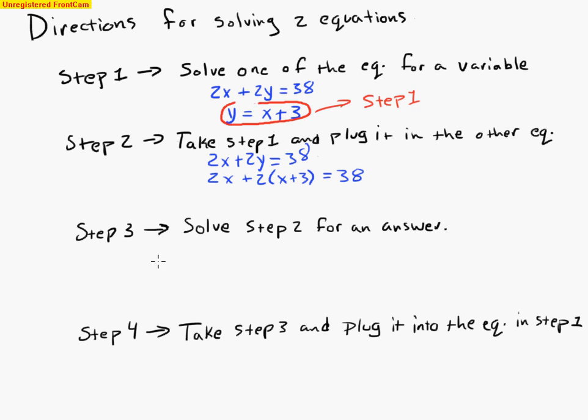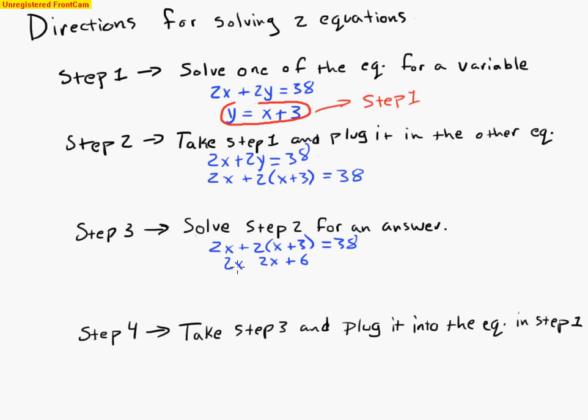Time for step three. Step three says solve step two for an answer. So this right up here, I'm going to go ahead and solve. So I'm going to take 2x plus 2 times x plus 3 equals 38. We should be comfortable with this. Distribute my 2. So my 2 goes to x, 2 times x. My 2 goes to 3, and I get plus 6.